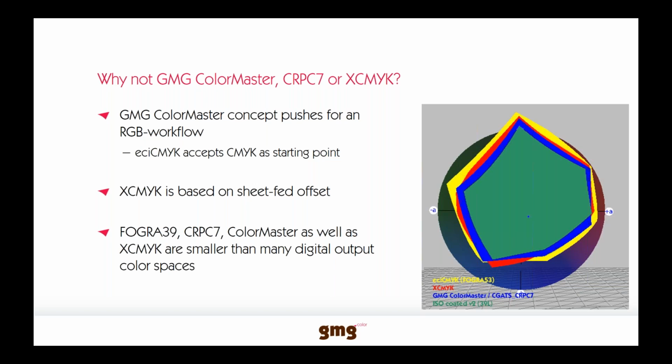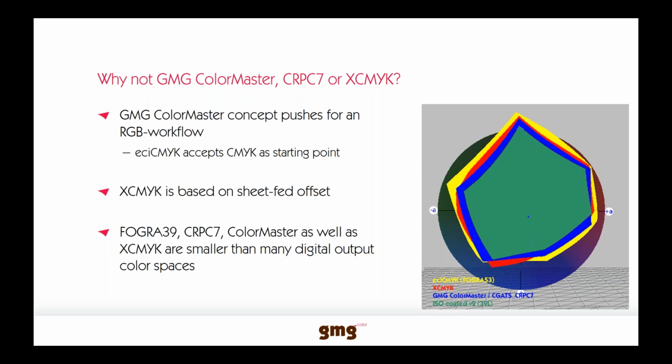So it's published by CGATS. And all of these color spaces, as you see on the right, are smaller than eciCMYK, and they are smaller than many digital output color spaces. So the target was to have a color space respecting classical printing conditions, respecting the digital output conditions, so you don't have a bottleneck in your workflow.